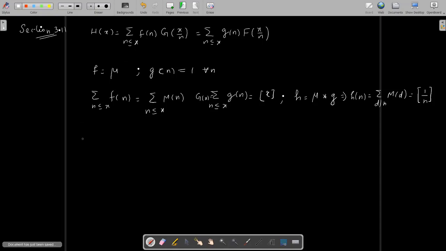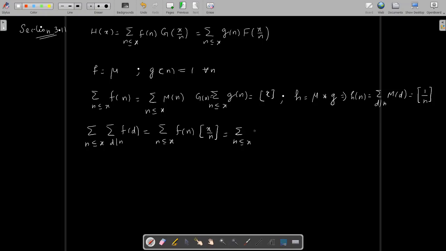Using this idea we just proved that sigma n less than or equal to x, sigma d divides n, f of d, equals sigma n less than or equal to x, f of n times the integral part of x by n, which is obviously equal to sigma n less than or equal to x, F of x by n.